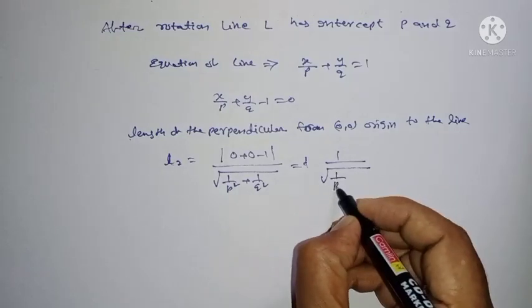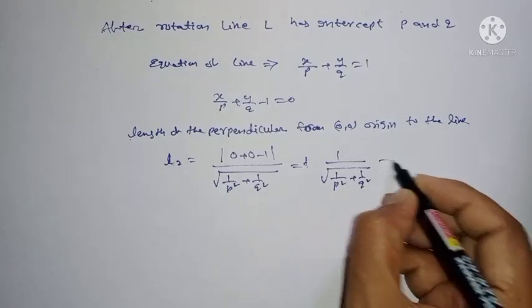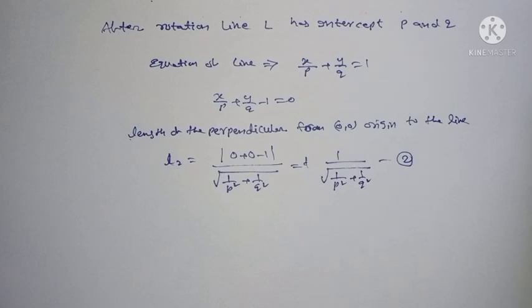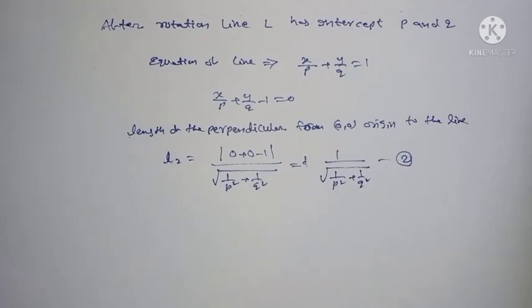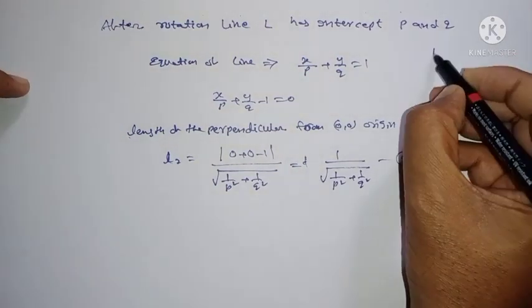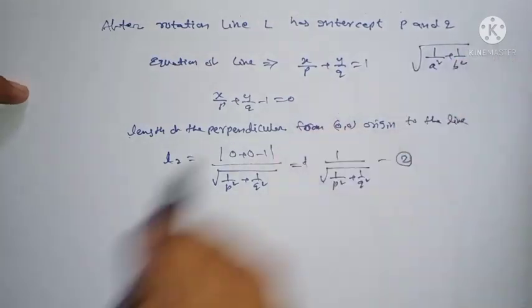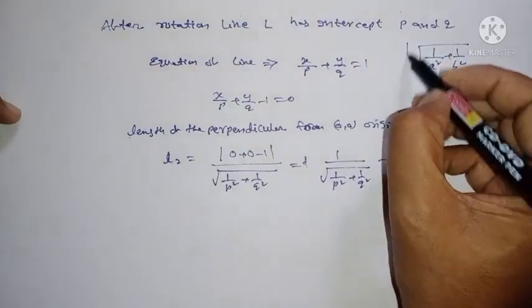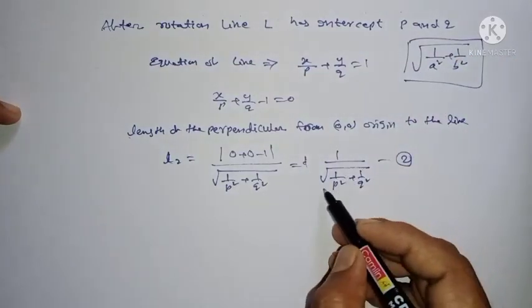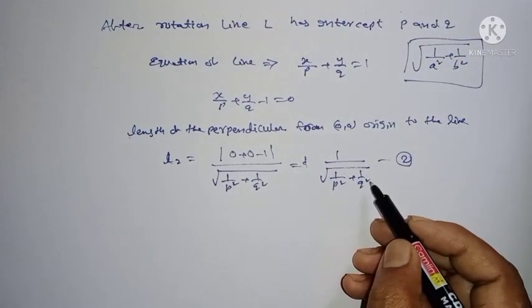This is the second equation. Previously you got 1 by root of 1/a square plus 1/b square, and the second one is 1 by root of 1/p square plus 1/q square.